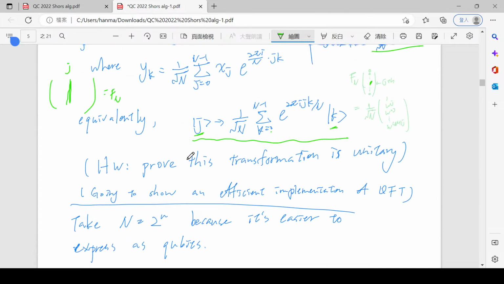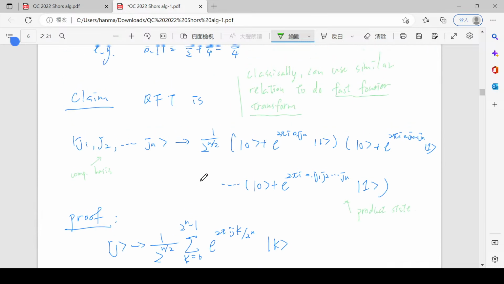So yeah, we'll change it back and forth between binary and decimal on this j and k, because we are going to show this nice relationship: when we express the input computation basis state in this QP structure, j1 to jn, then the output state also has this nice QP structure.